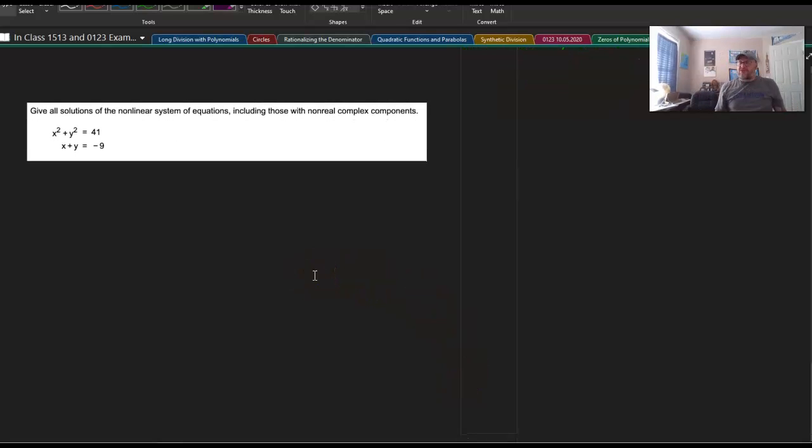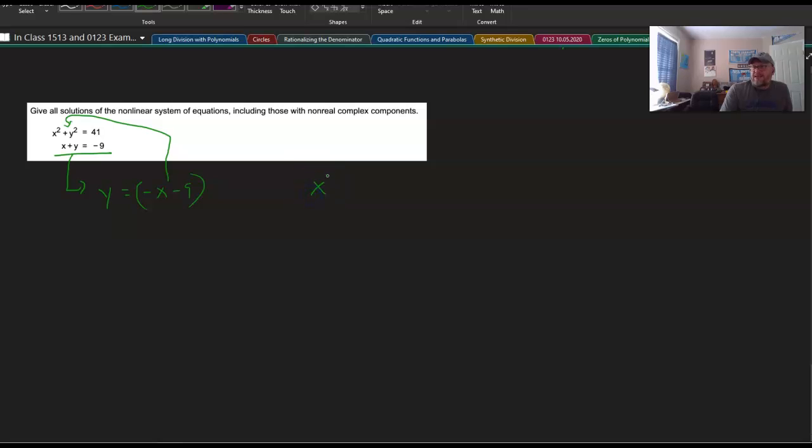Give all the solutions. Okay, so we've got a circle and a line. So we're going to have to use the substitution method here. If I subtract the x across, I'm going to get negative x minus 9. So I'm going to substitute that right in there.